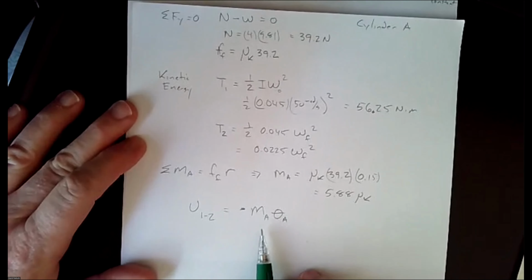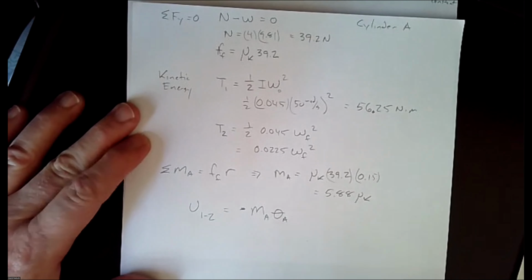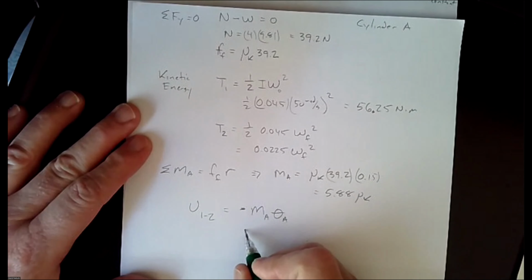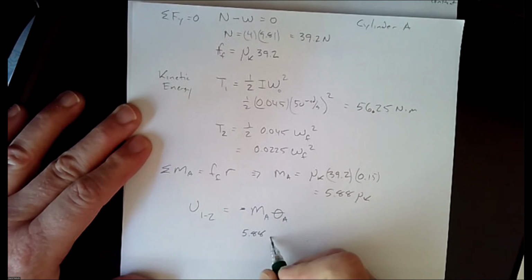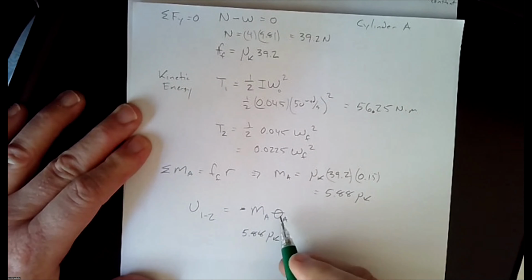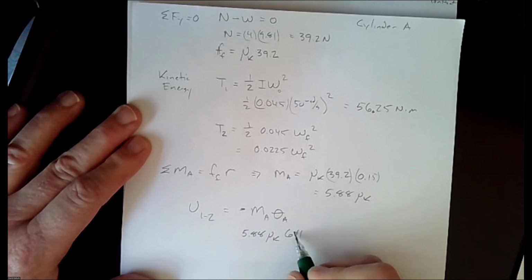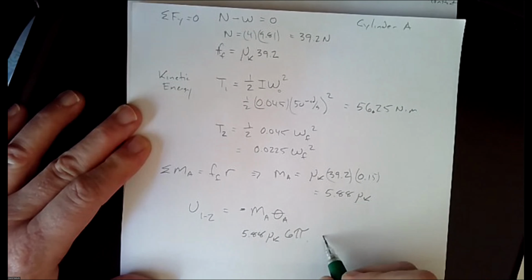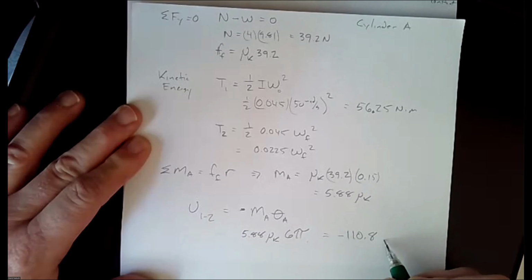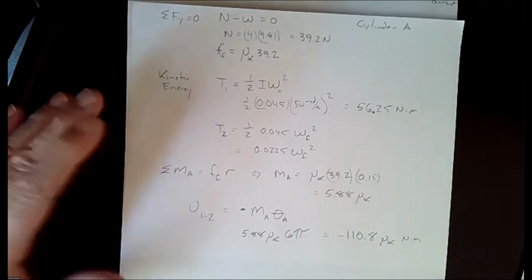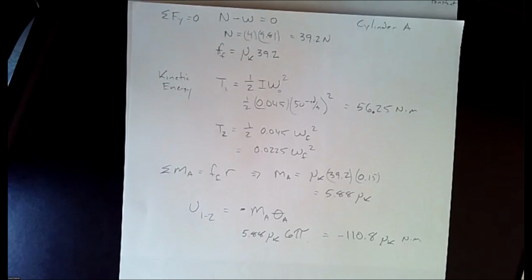So if I put in my moment, that's going to be 5.88 mu k, and then times theta A. Well, it takes three revolutions that's occurring before friction stops occurring. So that's going to be 6 pi. That's going to give me a number of negative 110.8 mu k Newton meters. All right. So far, so good, I hope.